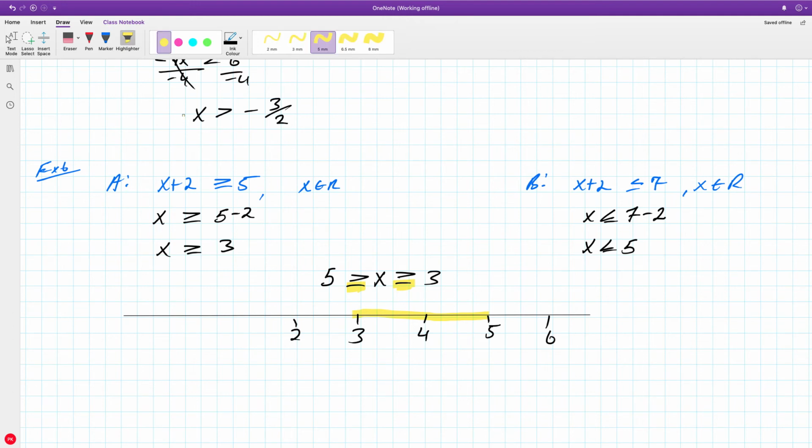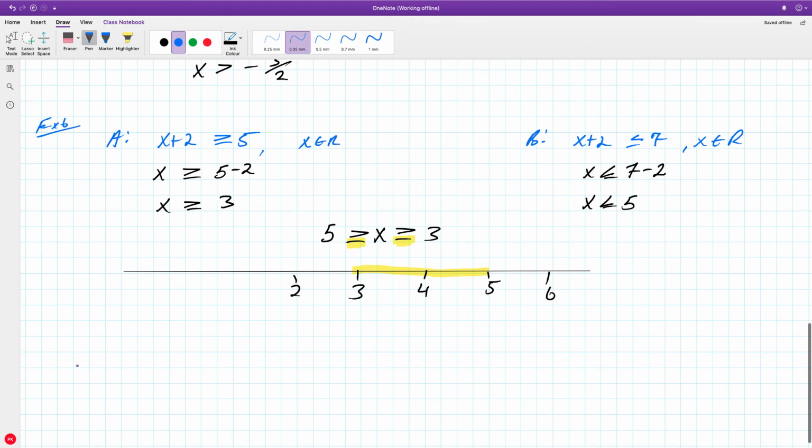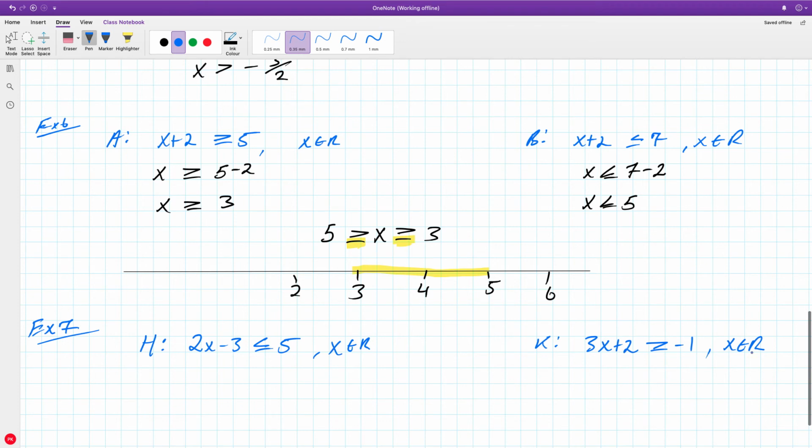Right, we've time for one more, last one of the day. We'll finish on a high. Have a go at this. H is 2x minus 3 less than or equal to 5, where x is an element of R, and K is 3x plus 2 greater than or equal to minus 1, where x is an element of R. Off we go.